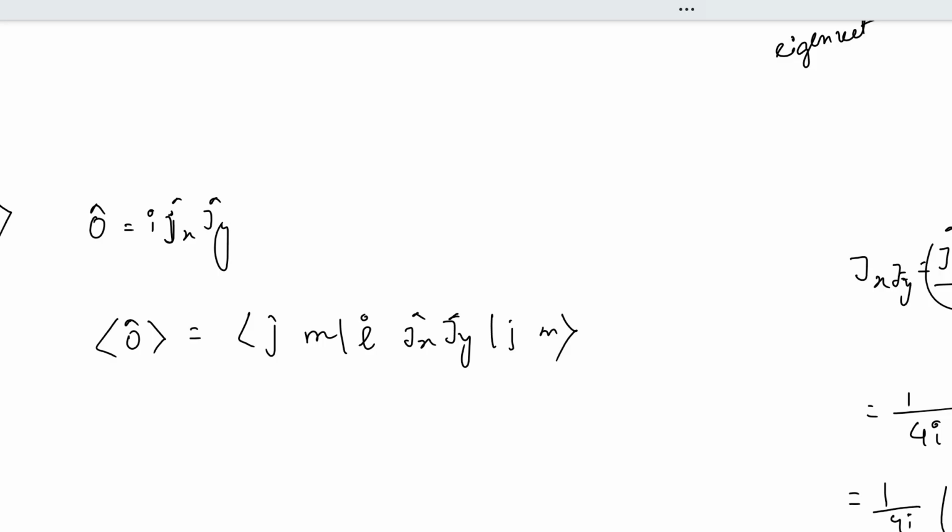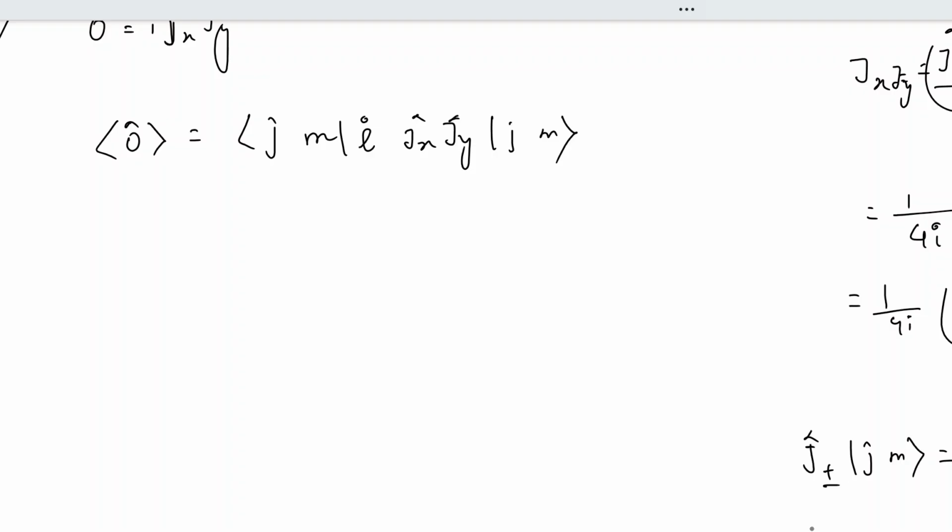So you know whatever action is of j plus on a state Jm, there is a prefactor. This I have also written down just in the question earlier. So I am again writing it down, minus m into m plus 1. This makes it ladder operator j m plus 1. And j minus will be m minus 1, m minus 1.